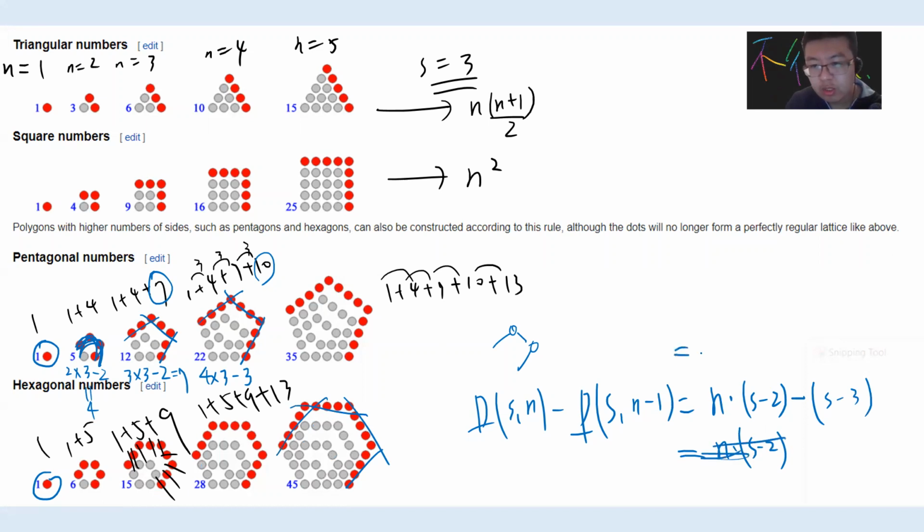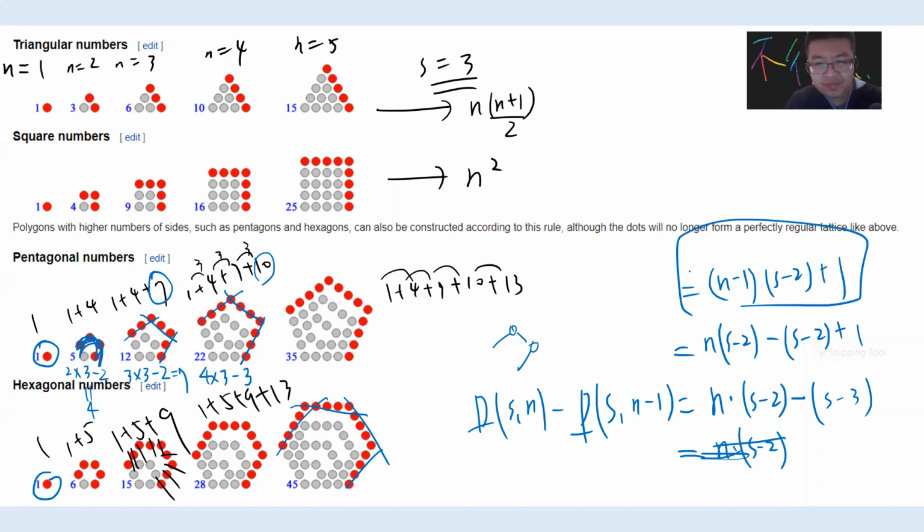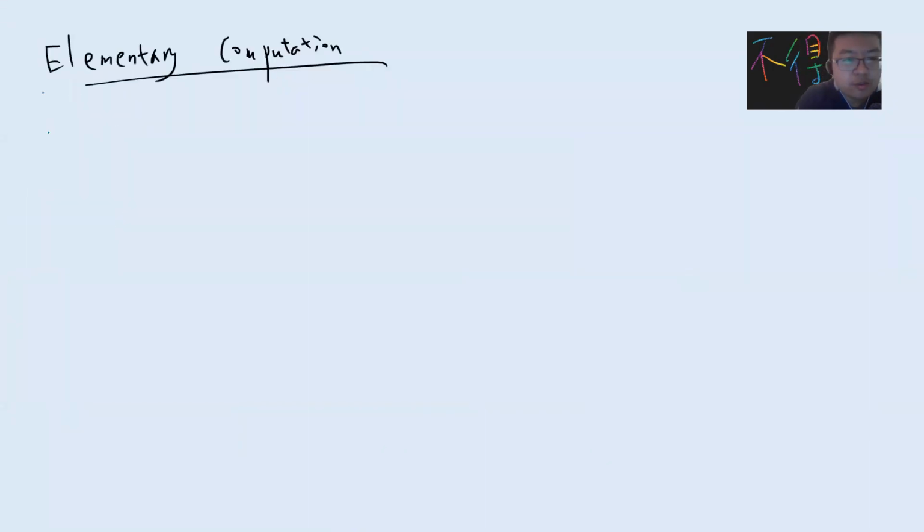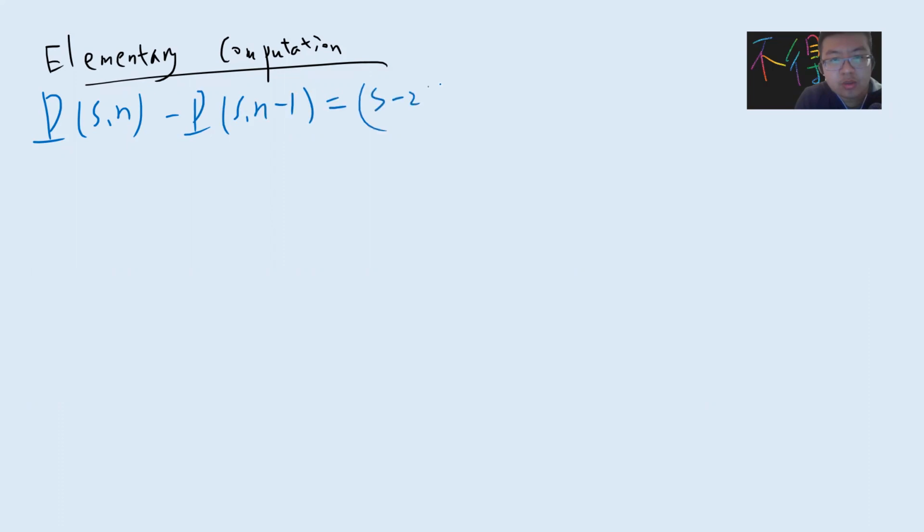I can write this as n(s minus 2) minus (s minus 2) plus 1, which is (n minus 1)(s minus 2) plus 1. Okay, so from this elementary calculation, we get the following: (s minus 2)(n minus 1) plus 1. Okay, so proof is done, right?